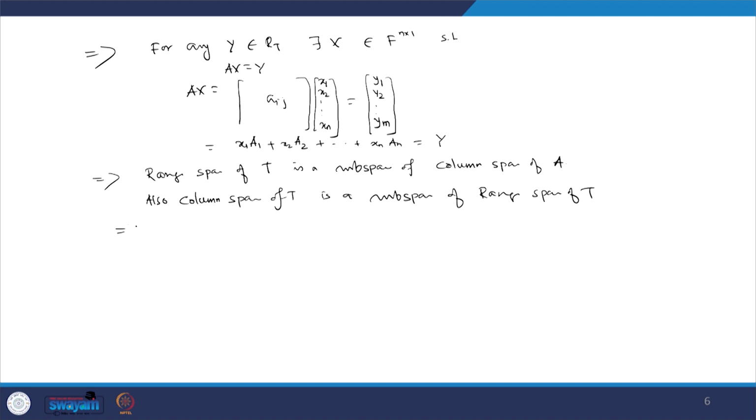So, this implies column space is equal to range space. This implies column rank equals rank of T. So, column rank equals rank of T. Okay.